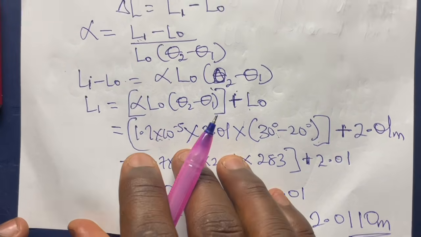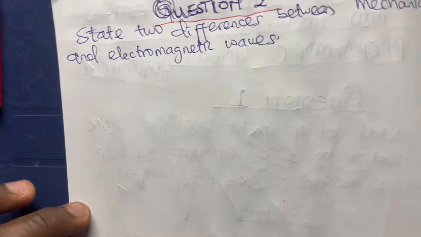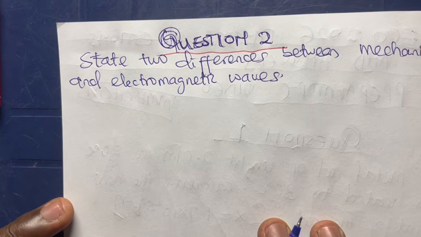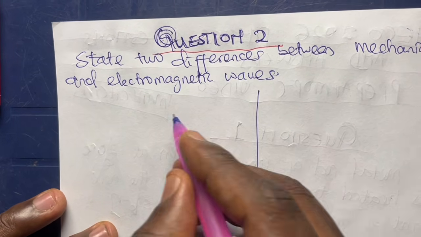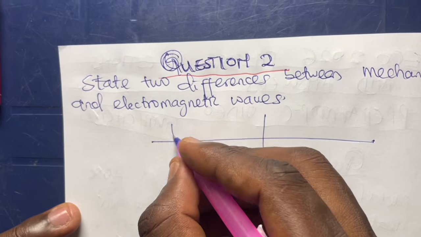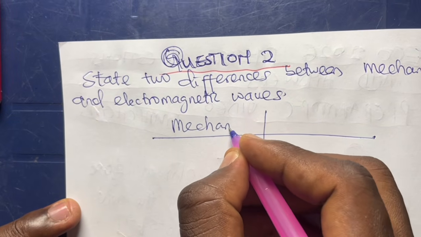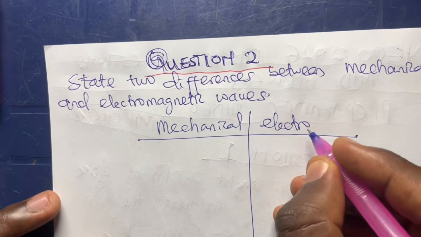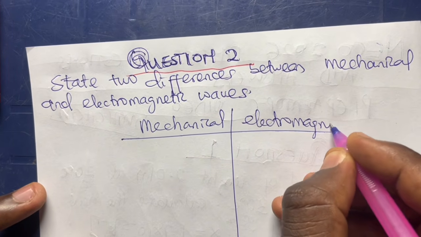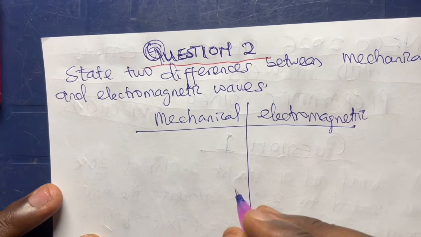Now moving to the next question, question 2. It says I should state two differences between mechanical and electromagnetic waves, so let me tabulate. Let me put mechanical here and electromagnetic here.